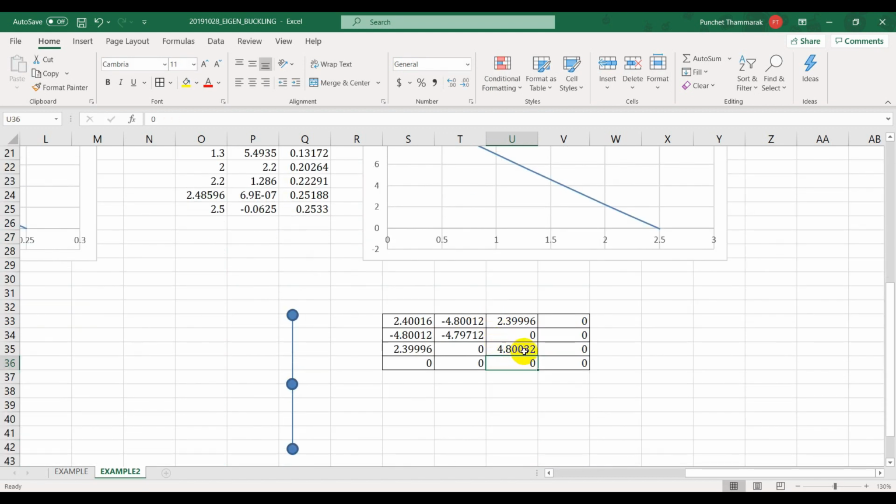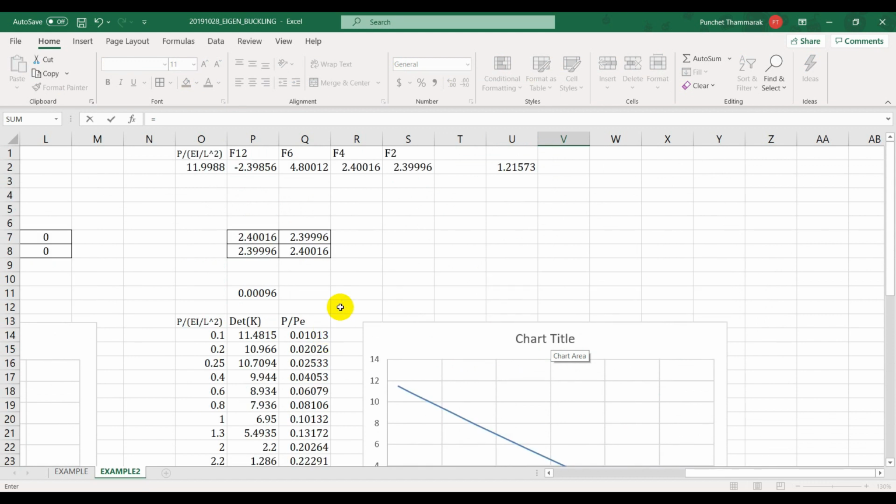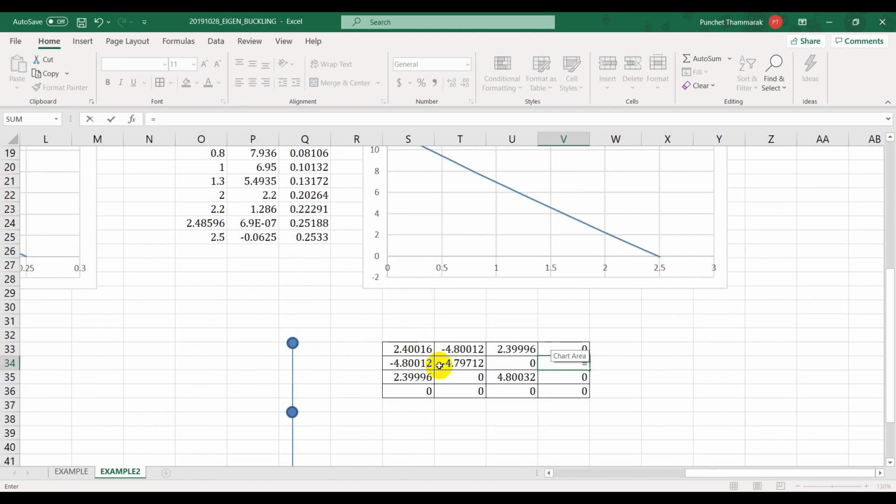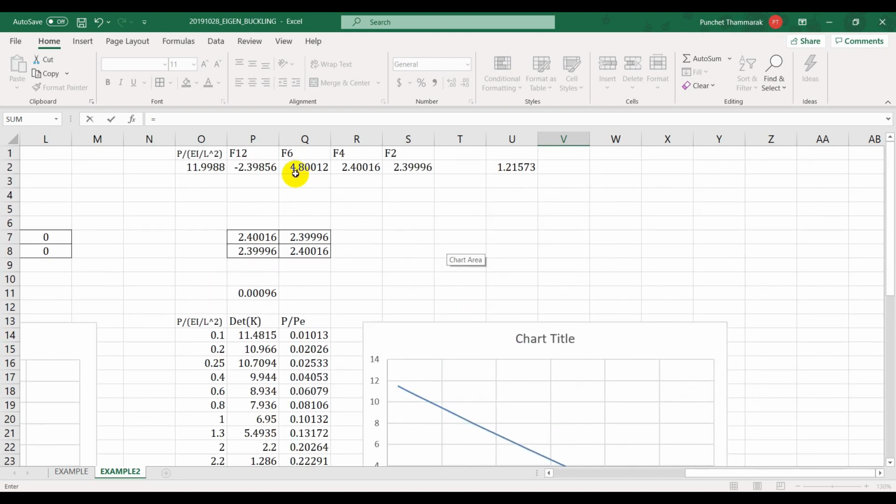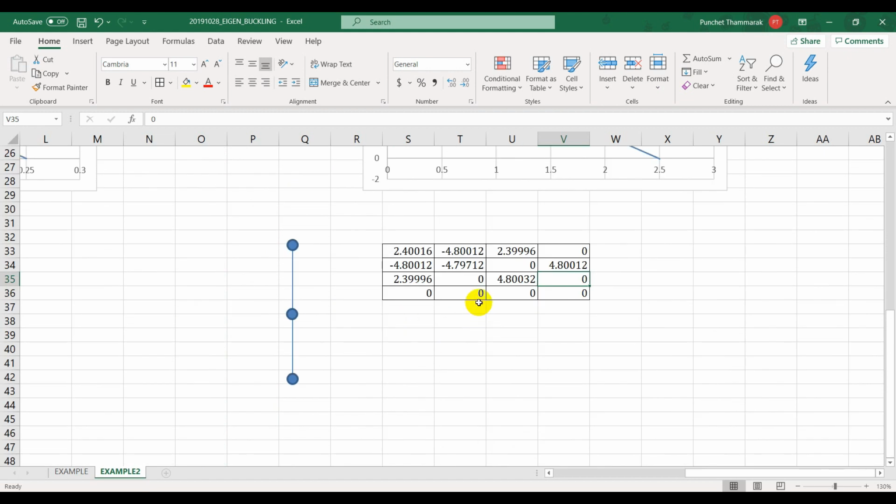Okay. This part here is equal to what is this? The 12, 6, and 6. This is equals to this one. This is the rotation, right? This is the 4, this is the 2, right?